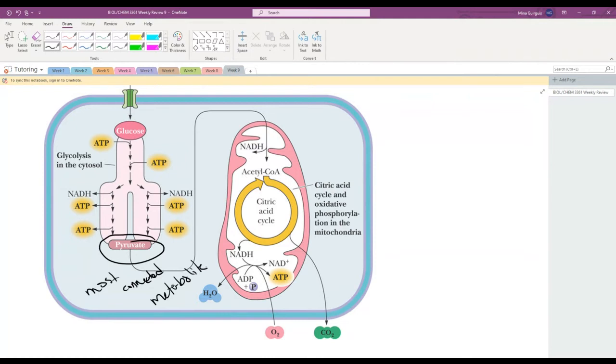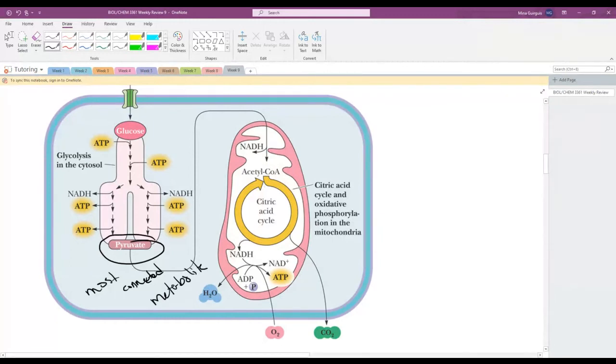Okay, so how is pyruvate going to know whether it needs to do, for example, anaerobic respiration, whether it needs to go into the citric acid cycle, whether it needs to be involved in any of the other dozen reactions that it can be involved in? Compartmentalization helps with that too.